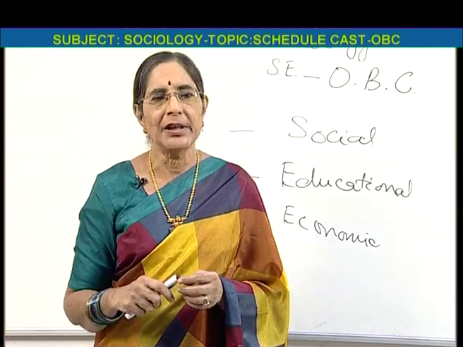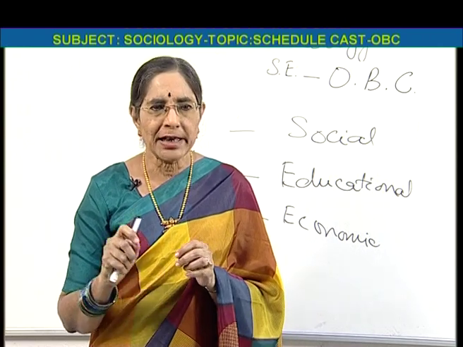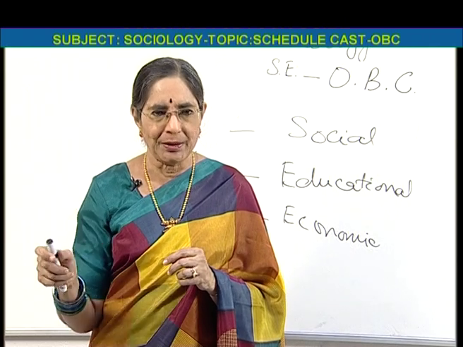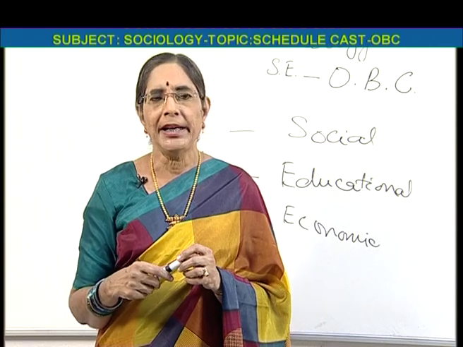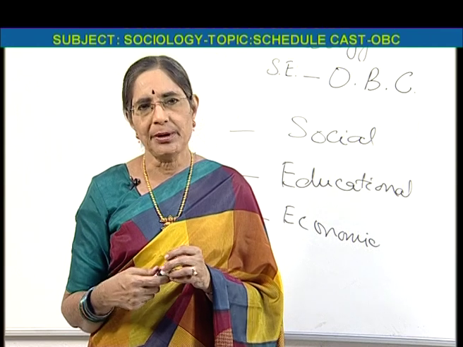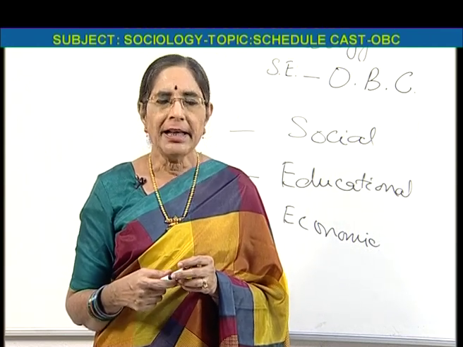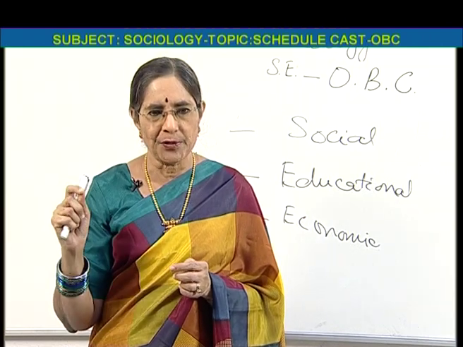In case of other backward classes, we have an exclusive ministry, namely the Ministry of Social Justice and Empowerment, and it is a Government of India ministry. It is a central level ministry and it is responsible for welfare, social justice and empowerment of disadvantaged and marginalized sections of society.